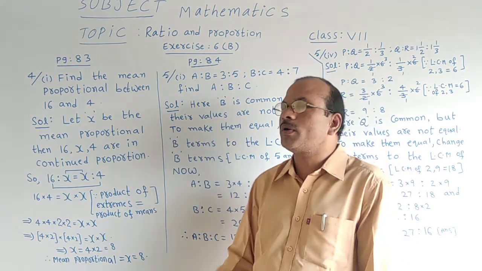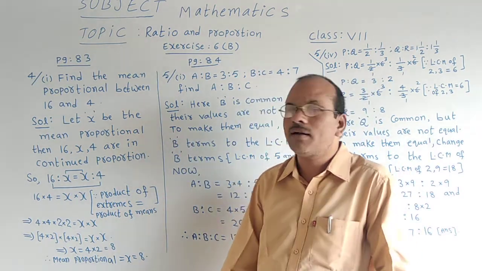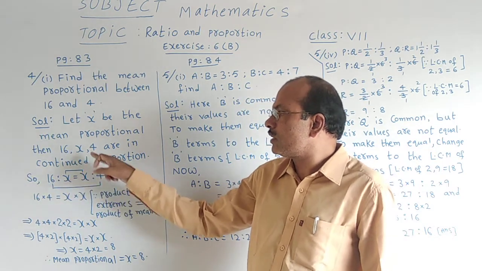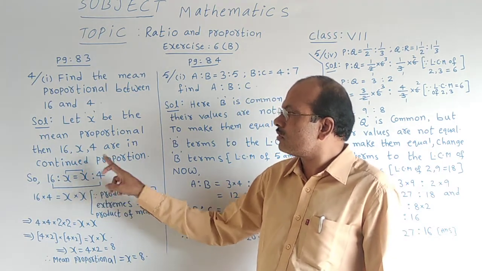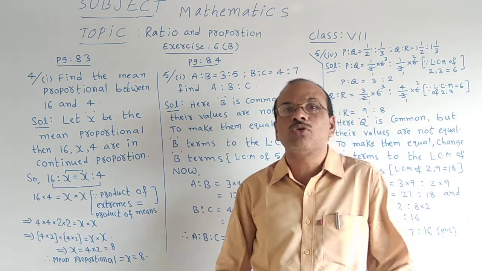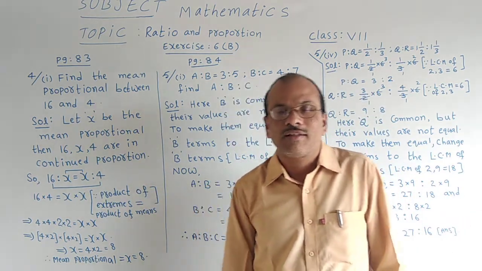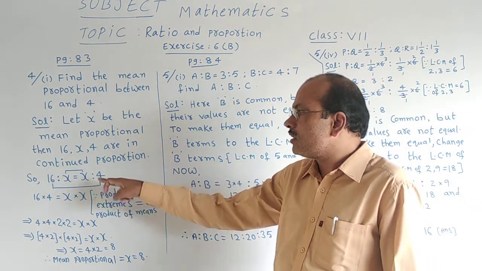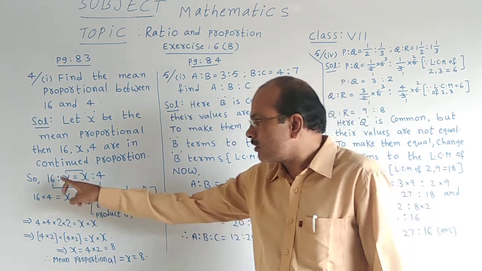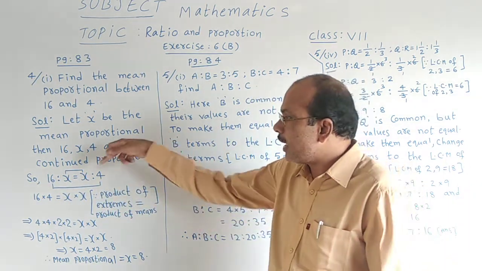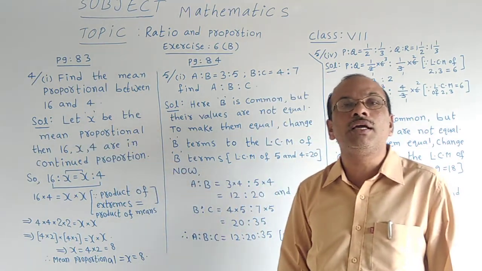When the continued proportion is given here, then 16 is to x is equal to x is to 4. The x you should arrange two times. Is it clear? 16 is to x is equal to x is to 4. Then lines are drawn for both the ends as extremes and for the middle ones as the means.